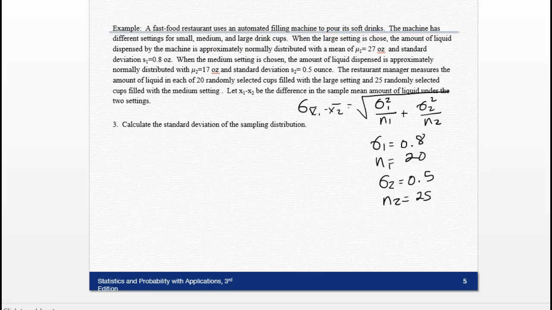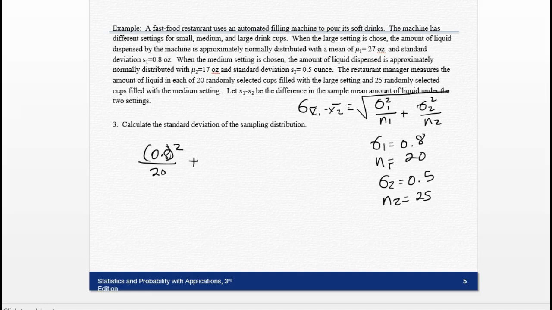So the third part asks me to calculate the standard deviation of the sampling distribution. If you remember, earlier I gave you this formula. Sigma of x bar 1 minus x bar 2 is this big square root. I take the sigma of the first one, square it, and divide it by the sample size. So I rewrote our data out here: 0.8 squared over 20, because there were 20 large cups tested.